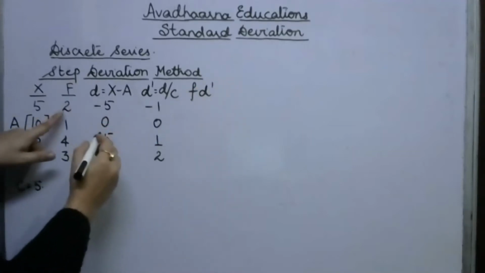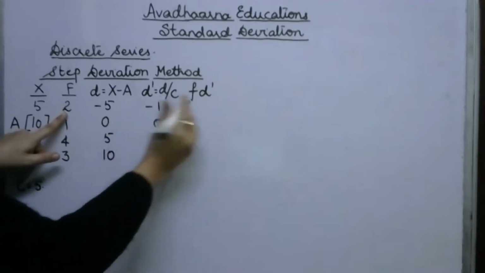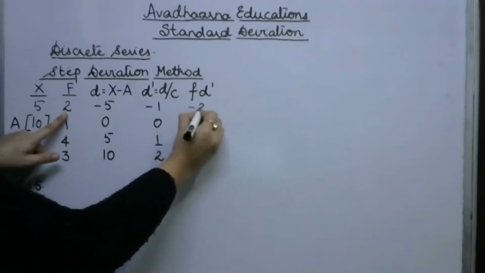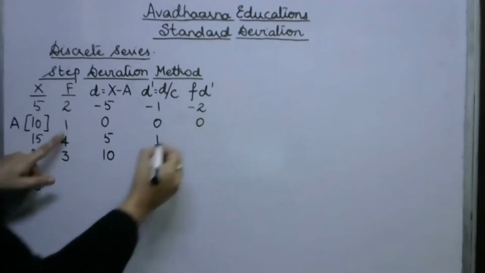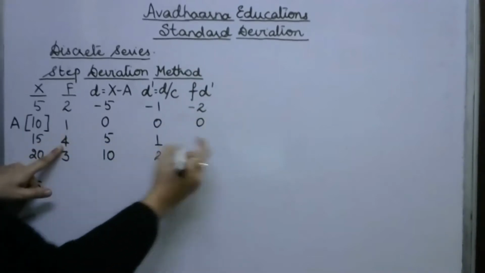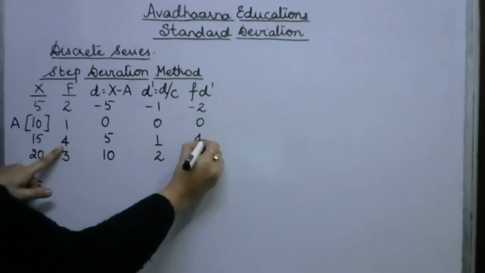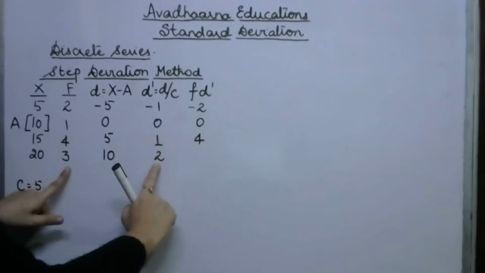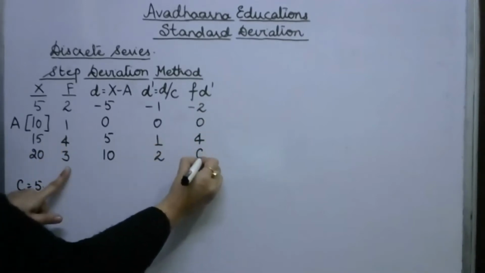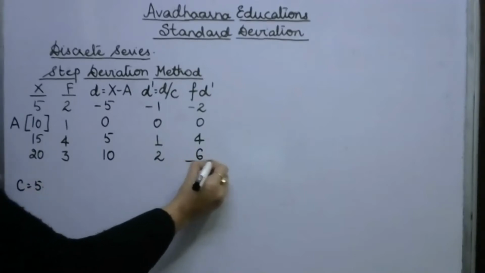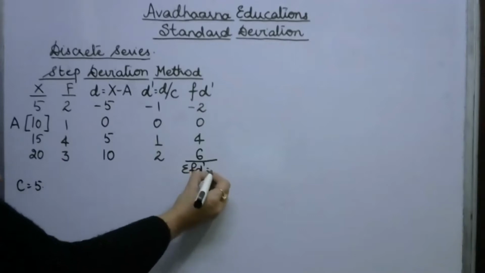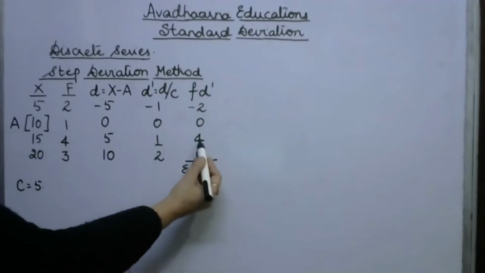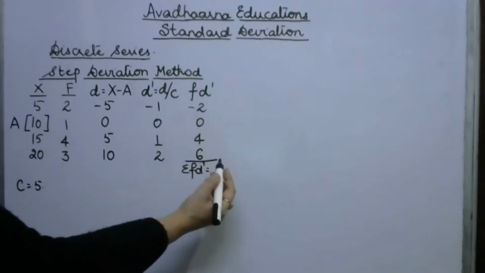So f d dash will be 2 multiplied by minus 1, which is minus 2. 1 multiplied by 0 is 0. 4 multiplied by 1 is 4. And 3 multiplied by 2 is 6. So if we calculate summation fd dash, it is equal to 6 plus 4, 10, minus 2 is 8.